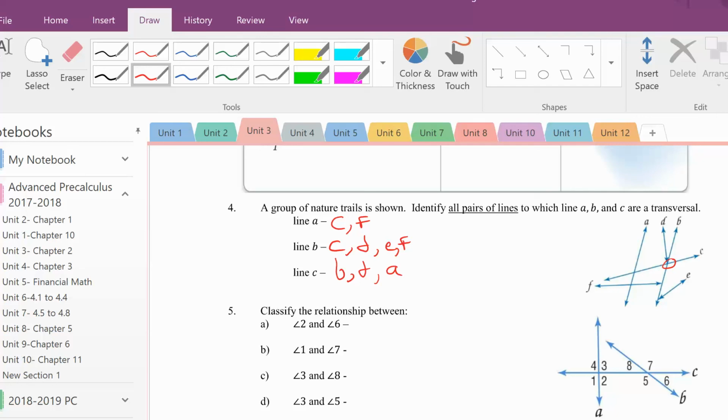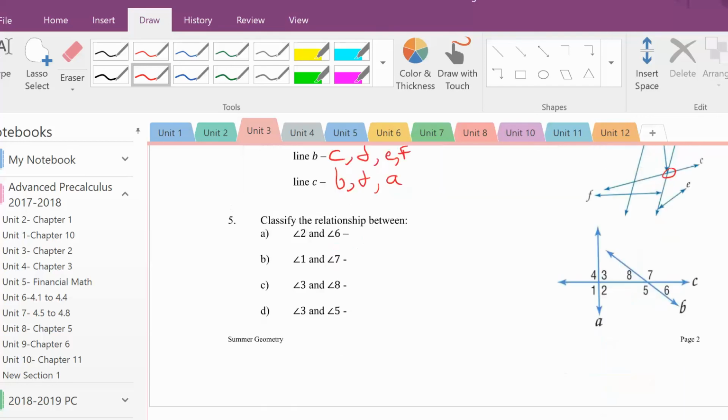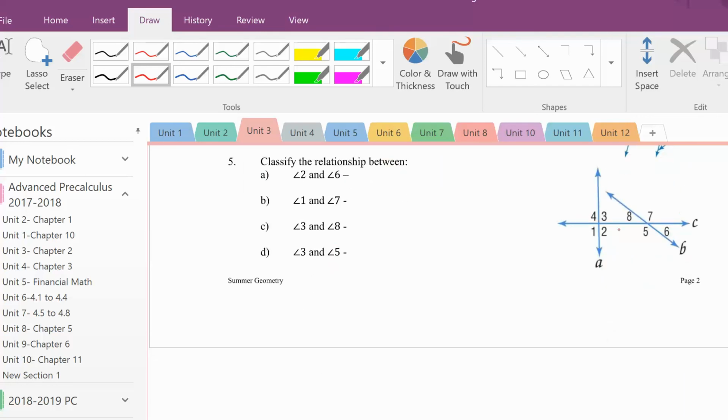All right. So now it wants to know the relationship between these two angles. So for example, angle 2 and angle 6. Well, the first thing it might be good to do is to see the transversal, and the transversal is C, right? So notice 2 is an interior, 6 is an exterior.